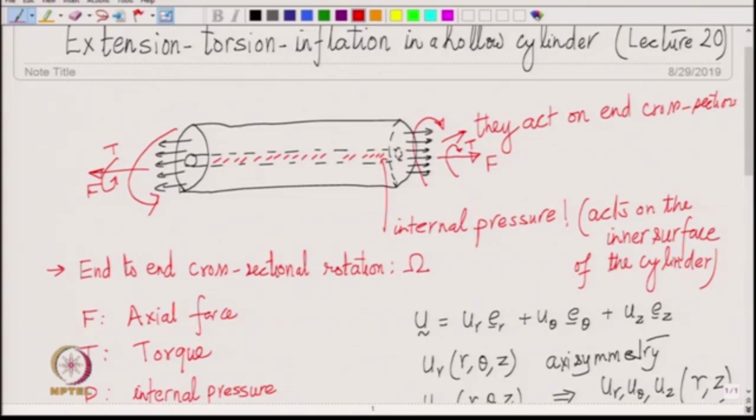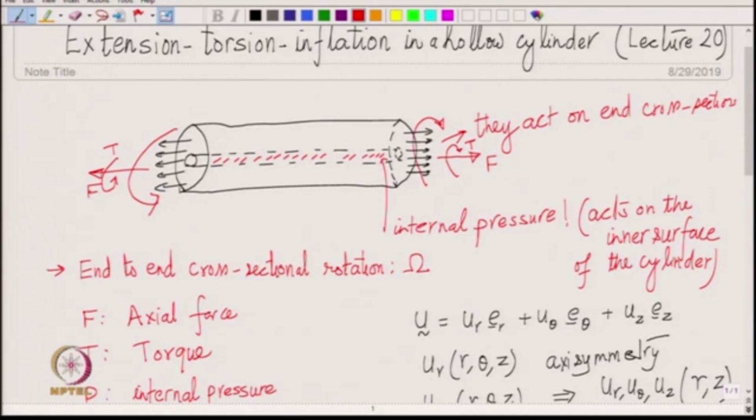So, suppose that this rotation is linearly varying. Okay. So, from negative omega by 2 it goes to omega by 2 in a linear fashion. Now, the total rotation is omega. So, what is the rate of change of angle? So, if it goes in a linear fashion, what is the rate of change of angular rotation of the cross section?